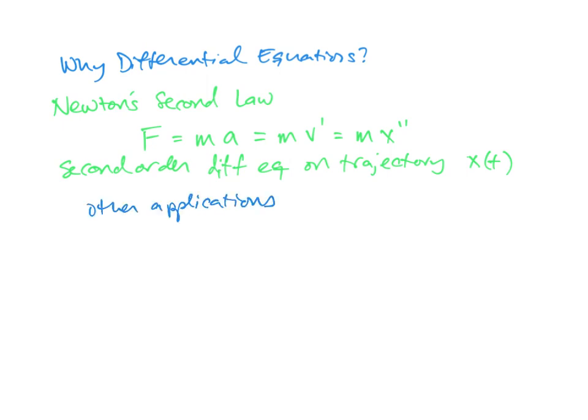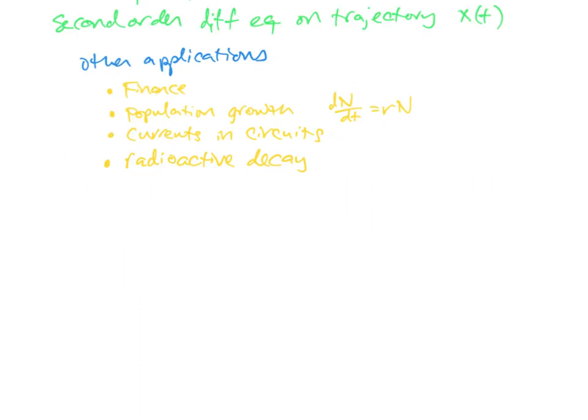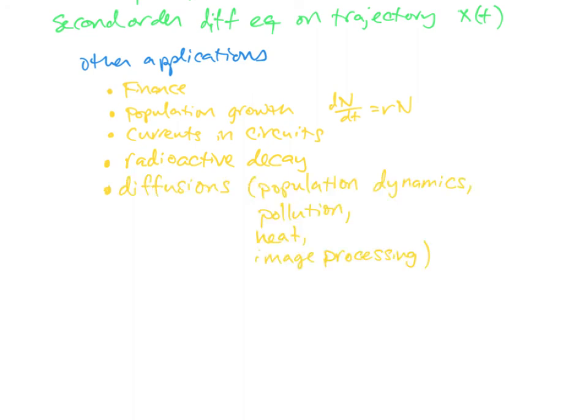Some other applications of differential equations are finance. You may have heard of the Black-Scholes equation. Population growth, because the size of your population is changing at a particular rate. Current can be modeled with differential equations. Radioactive decay, kind of the opposite of population growth. And diffusions, which is how the quantity of something will go away.